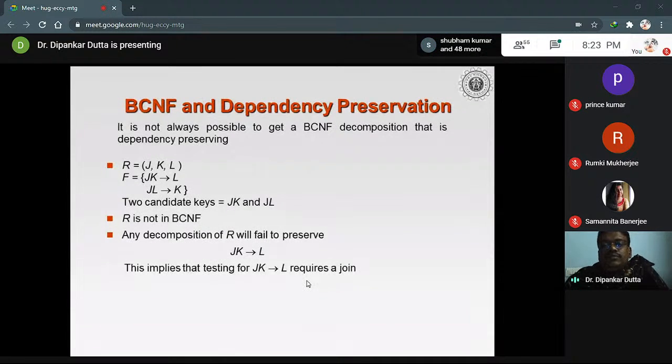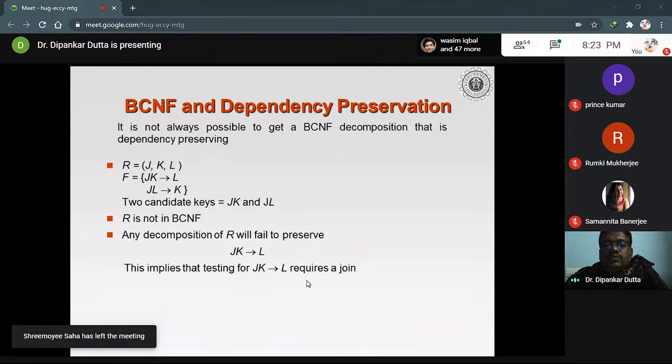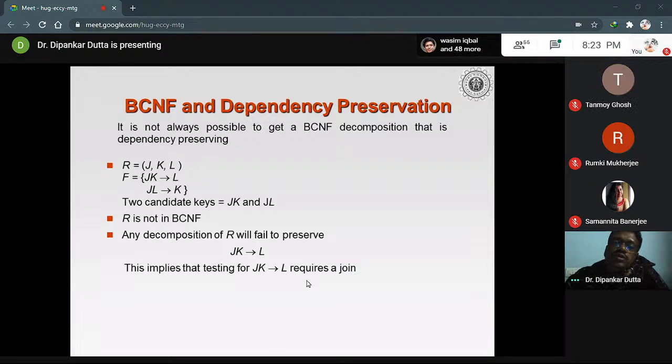That we have to ensure, otherwise we will lose information. And the second condition was that we should preserve dependency as much as possible. But in the case of BCNF, if we divide it, then sometimes we fail to preserve dependency.